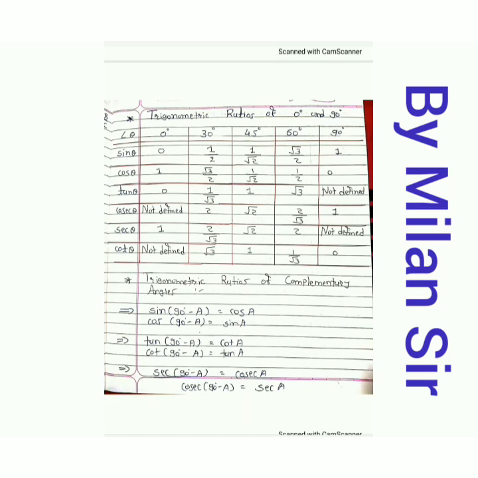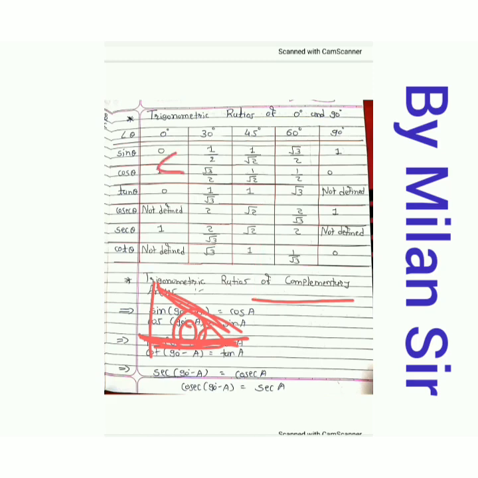So first of all, sin theta. And if we talk about angle 0, here is our theta, right? So if this angle is 0, then this side lies on my adjacent side, means I get only a single line, right? So my opposite side is not there, that's why it is 0.